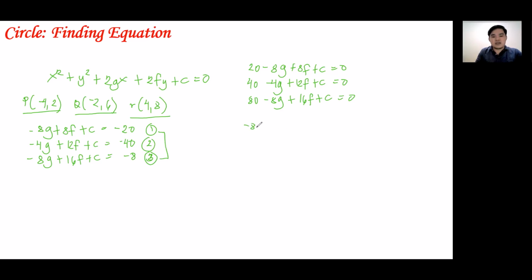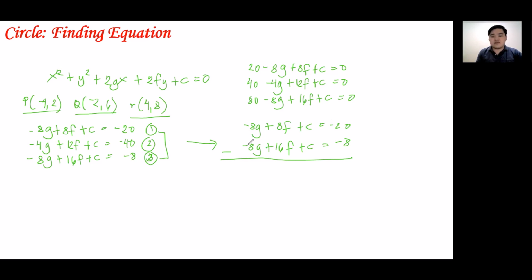So that is negative 8G. Okay, so negative 8G plus 8F plus C is equal to negative 20. Next one is negative 8G for our equation number 3, plus 16F plus C is equal to negative 8. Okay, so we're going to subtract these equations.